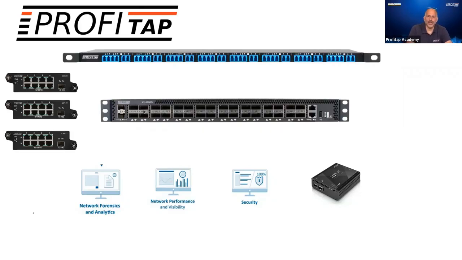This is a 32-port packet broker. Each of these ports is capable of doing 10, 25, 40, or 100 gig. So we've got 32 ports in here. And these ports can be used as input ports or output ports. So as we go in and start configuring our rules and our rule sets, we're going to say that this port is input coming in.